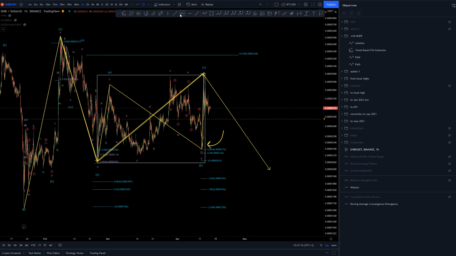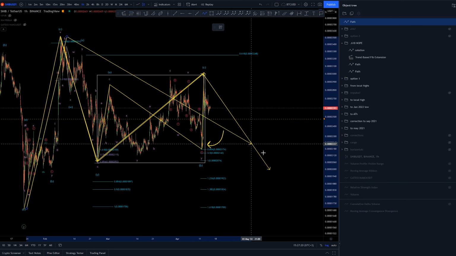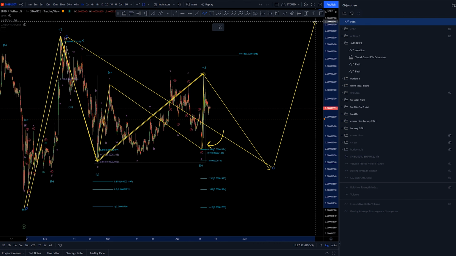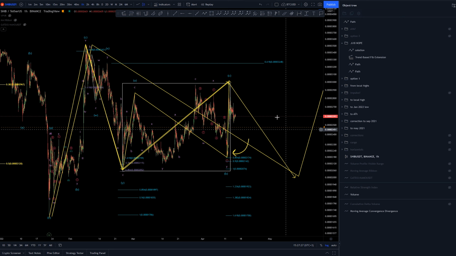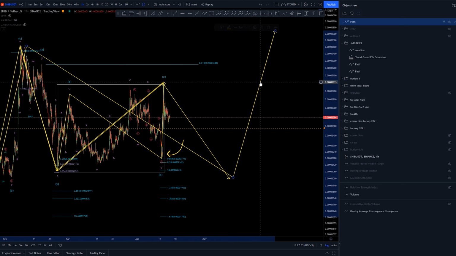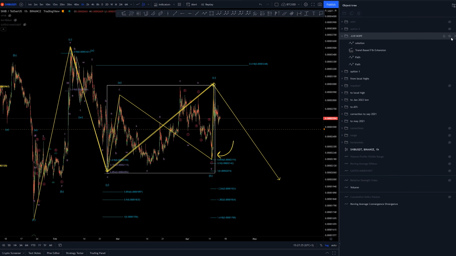And after that is done, we would connect this large wave here to this one, and then another wave up. That is a possibility. Again, we would need to look more into this correction or this downtrend that would be happening next, but this is definitely a possibility.